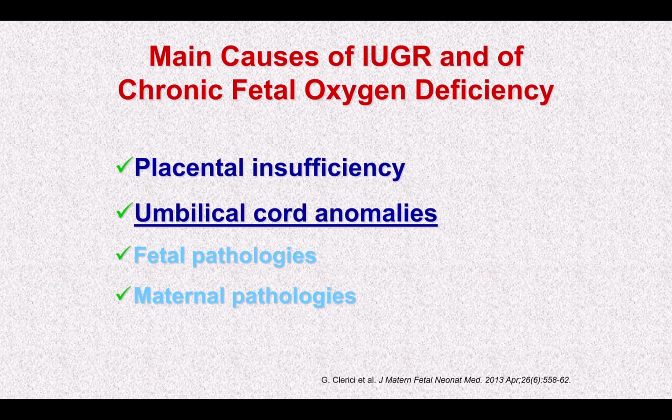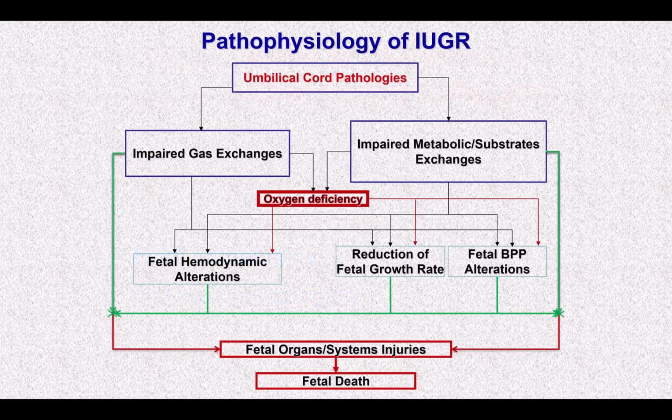And here I want to underline the umbilical cord anomalies that can produce, with the same pathophysiological aspect, an impaired gas and metabolic change between the mother and the fetus, a reduction in the oxygen supply that can induce some kind of reaction in the fetus.